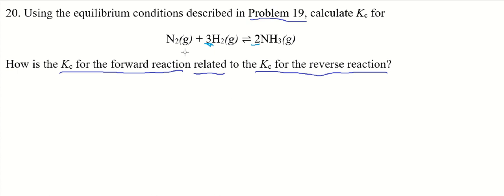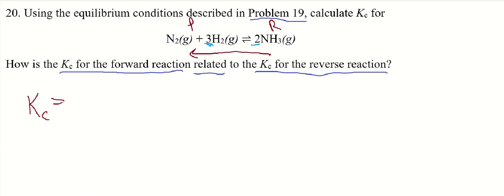To me at least. The forward reaction we just solved in problem number 19, and that's going this way. Now the reverse reaction is going to be the opposite way, like that. So this is now the products, and these are the reactants, if you look at it in the reverse direction. All right, so we're going to calculate the Kc, the equilibrium constant.